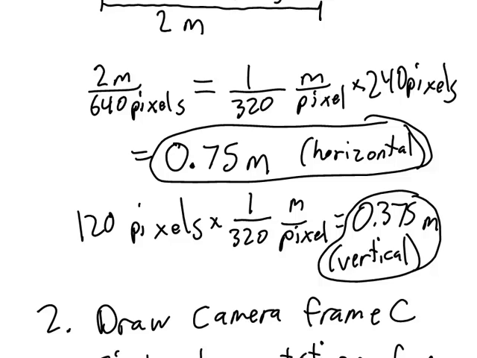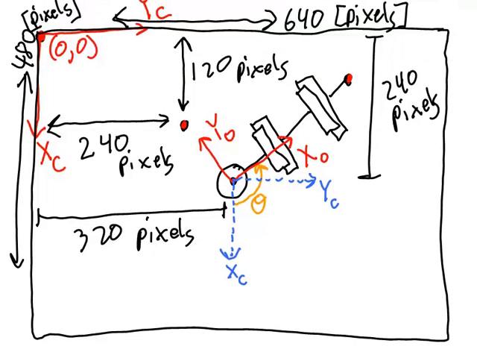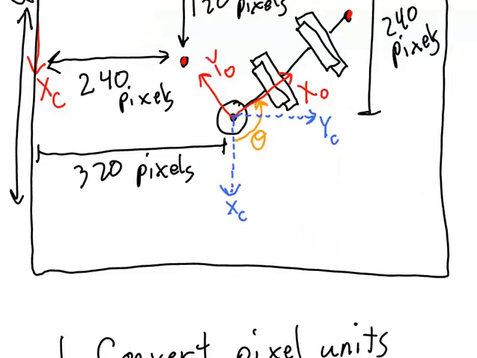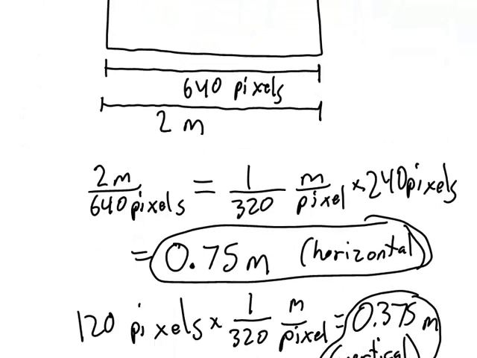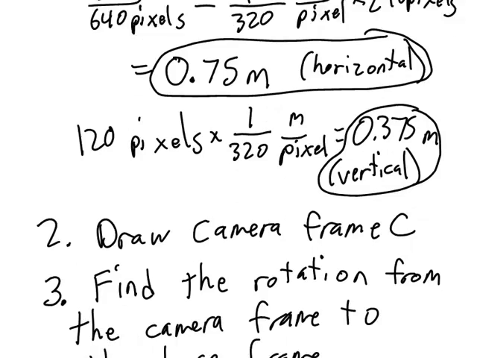So let's make sure that we know which of these numbers is x and which is y. If we look back at our picture, we see that we made the horizontal direction in the camera frame be y and the vertical direction be x. So here, the horizontal number is our y value and the vertical number is our x value.